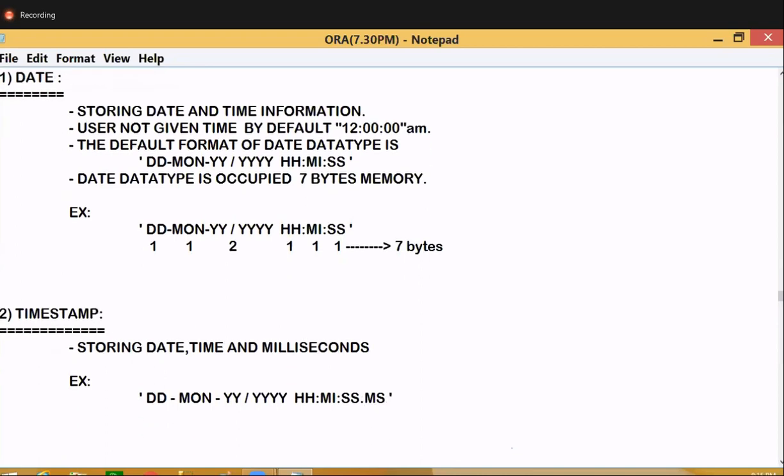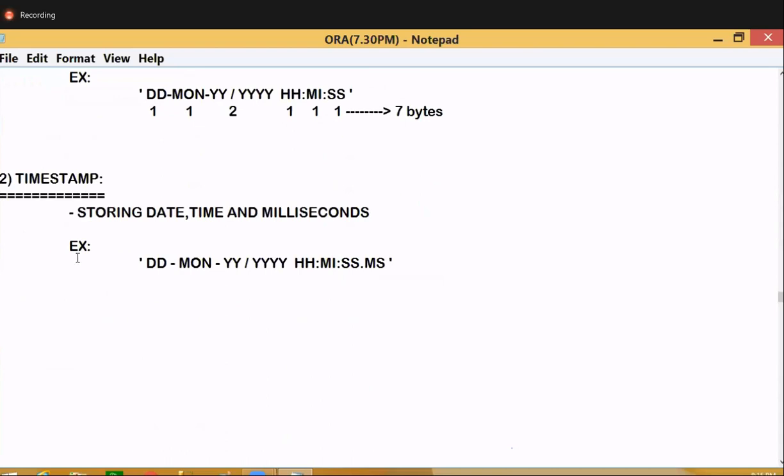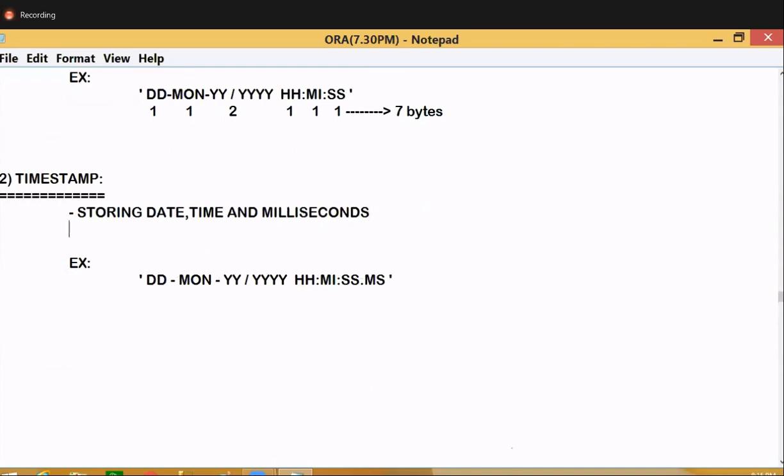Then how many bytes will it occupy? Timestamp occupies 11 bytes of memory.